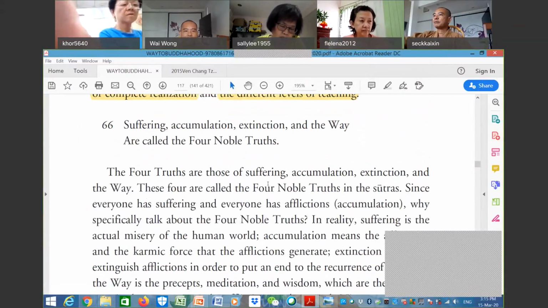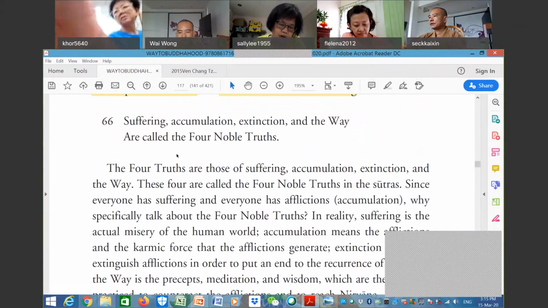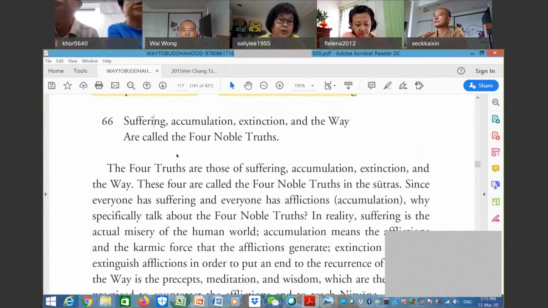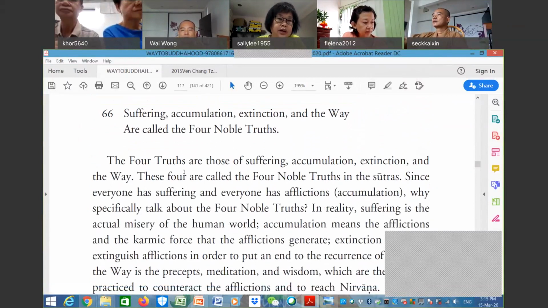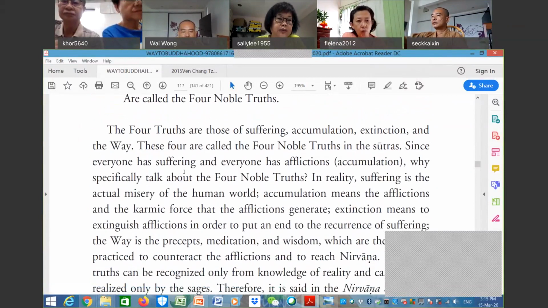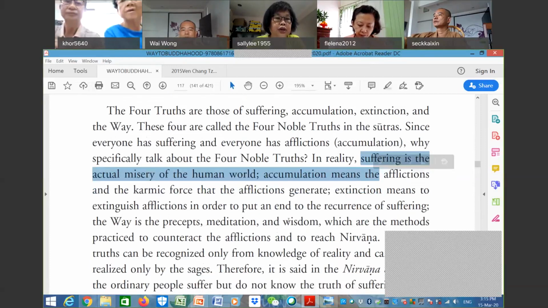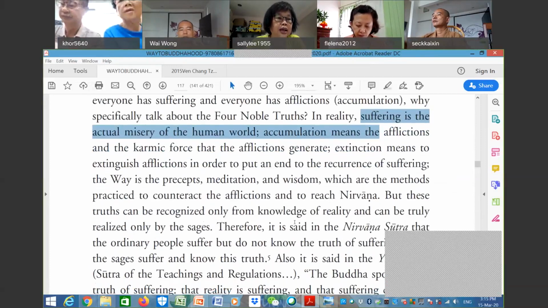The Four Noble Truths are those of suffering, accumulation, extinction, and the way. These four are called the Four Noble Truths in the Sutra. Accumulation means frictions and the magnetic force that friction generates.